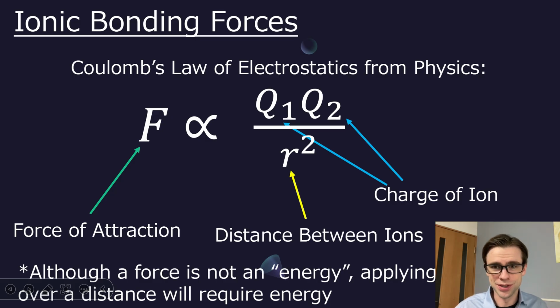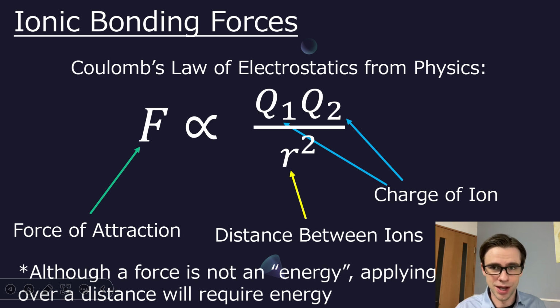So if you would increase the charge of either one of those, cations or anions, you would definitely increase the force between those cations and anions, the attraction. And because it's directly proportional, if you would double the amount of charge, you would also double the force. Double the amount of charge of one of those, okay?